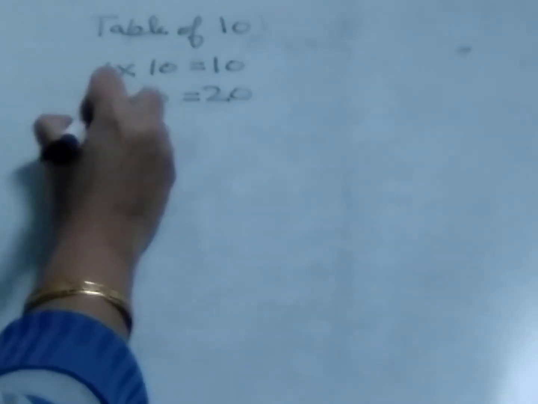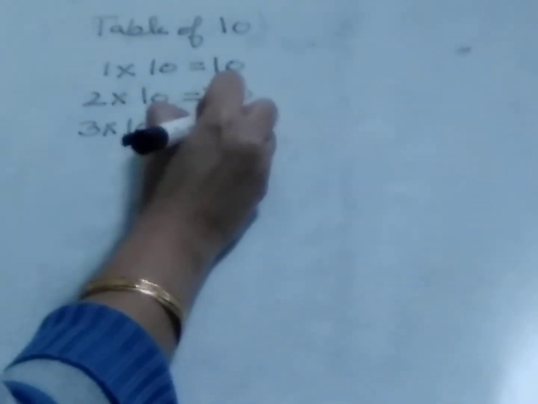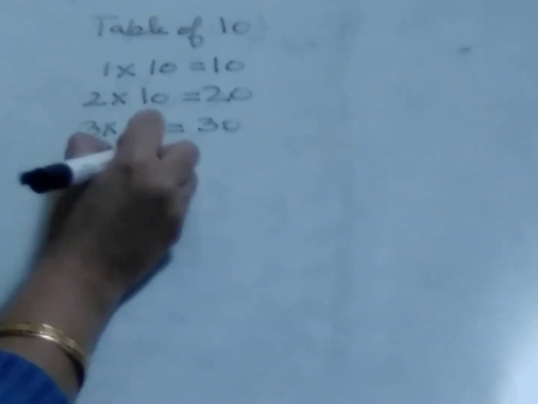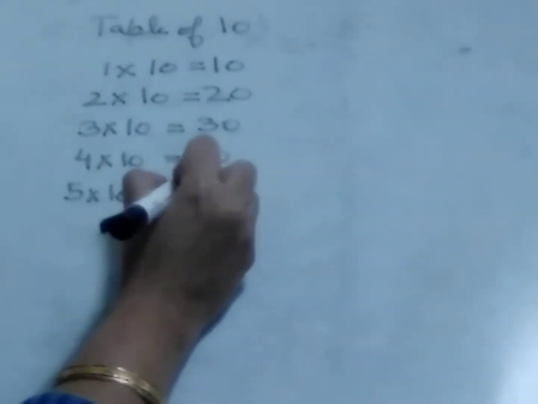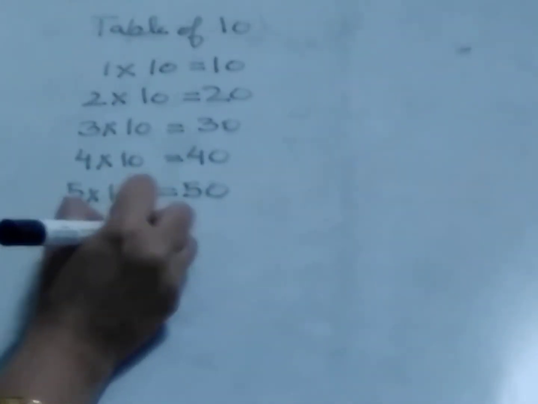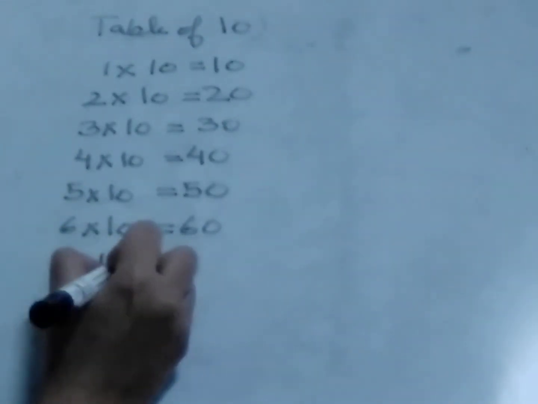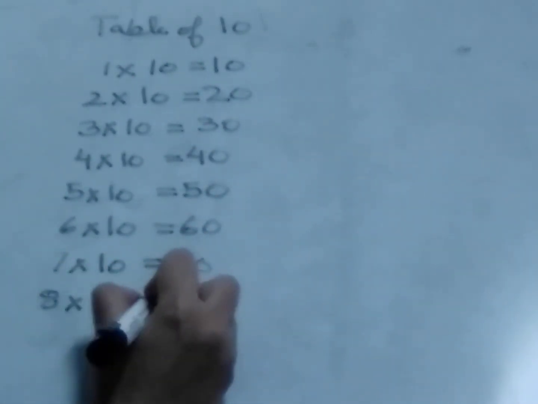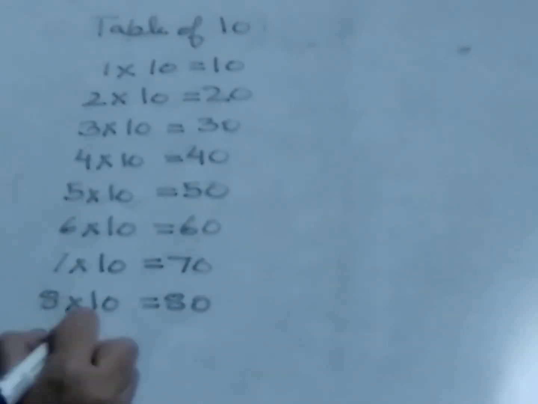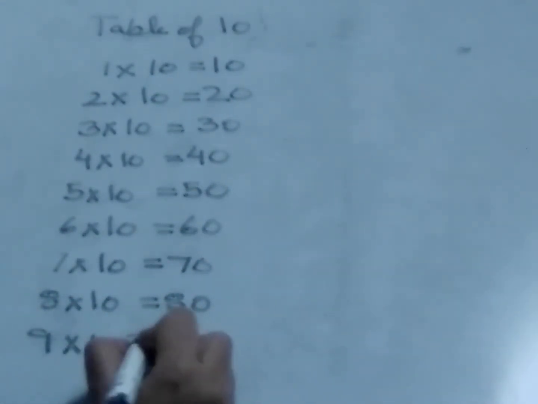Again, one group of 10 gives you 10. 2 groups of 10, 2 10s are 20. 3 groups of 10, 30. 4 groups of 10, 40. 5 groups of 10, 50. 6 groups of 10, 60. 7 groups of 10, 70. 8 groups of 10, 80. 9 groups of 10, 90.